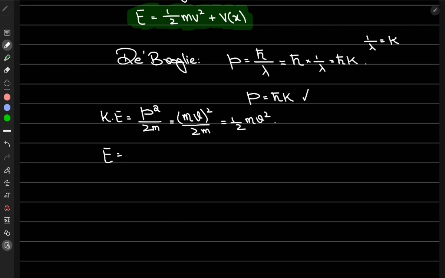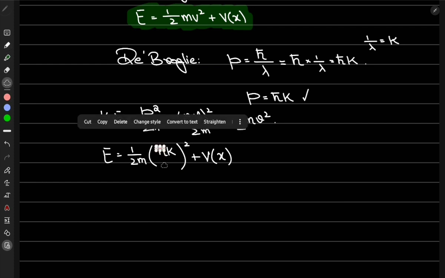E is equal to 1 over 2m times h bar k, squared, plus V of x. Oh well, there is an extra symbol in this equation that should not appear. I'll tell you where that part comes from. So let's just correct this thing like this. All right. Okay. So this is now our rewritten classical energy conservation.